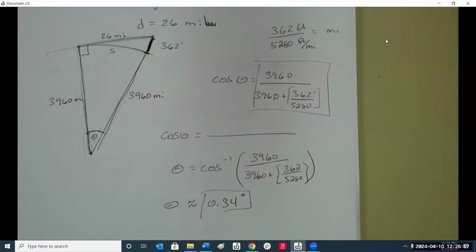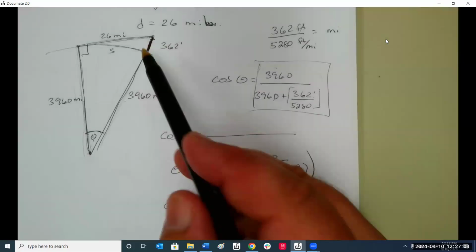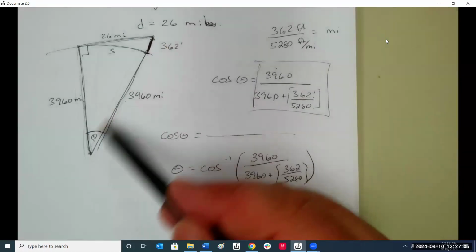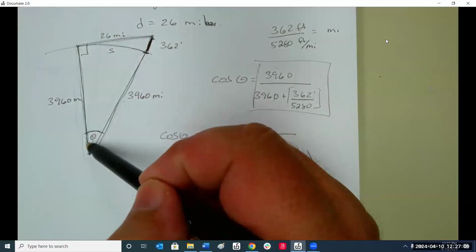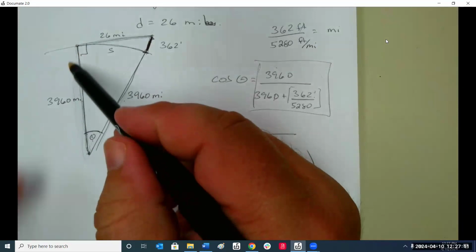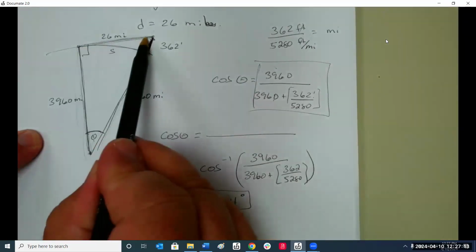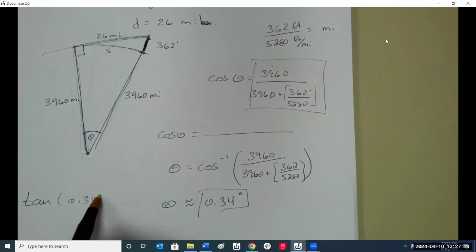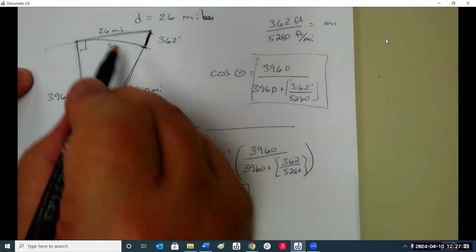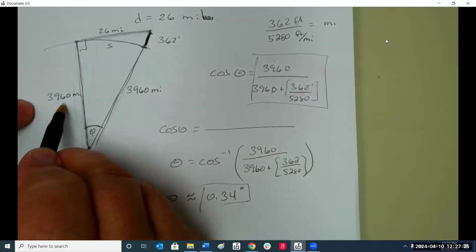What will we use? If we use sine, then we have to use the hypotenuse. If we use the tangent, then we can use this distance, which is a fixed distance. So the tangent of 0.34 degrees is equal to the opposite over the adjacent.